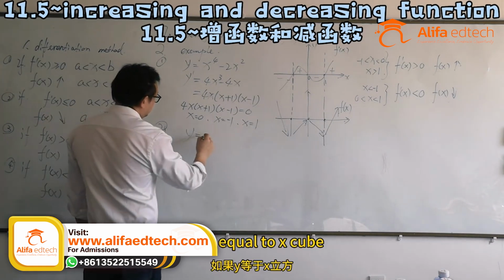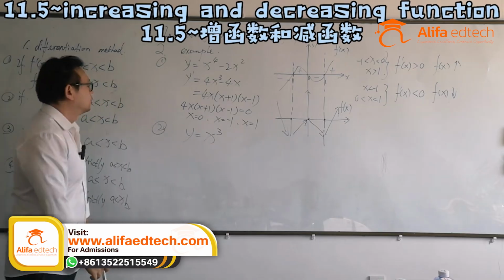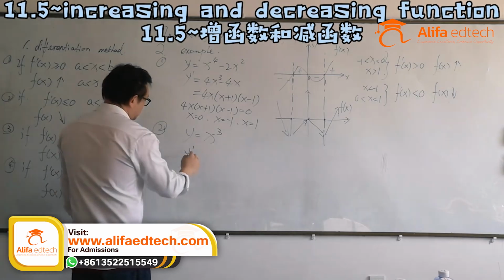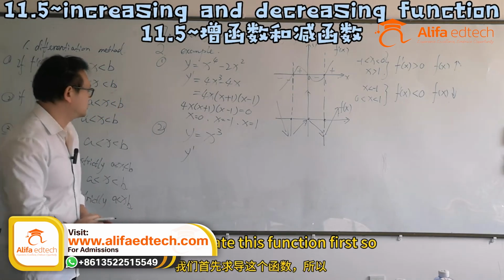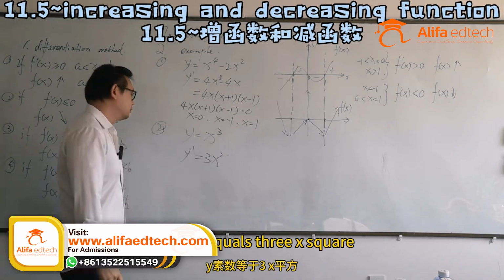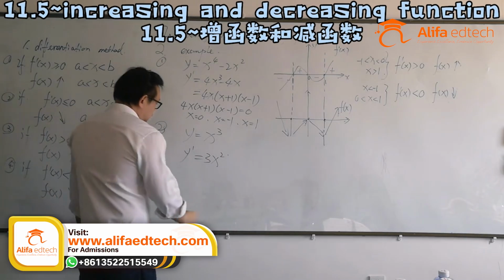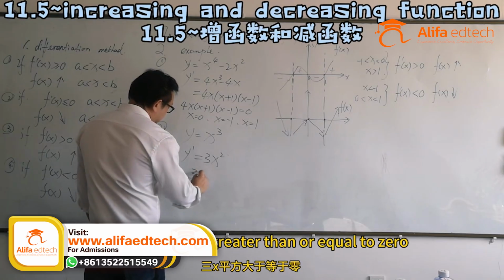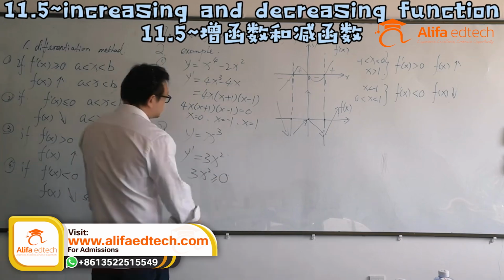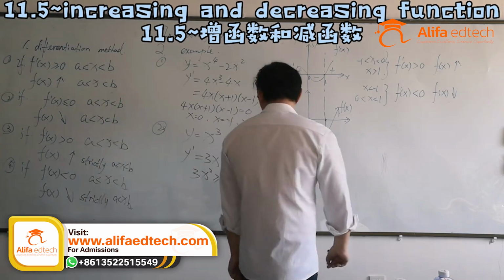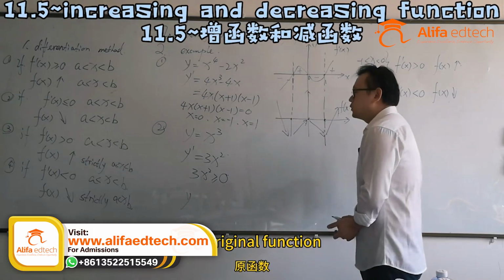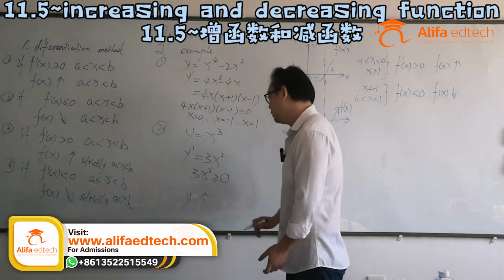2. If y is equal to x cubed, and we want to get the monotonicity of this function, we differentiate this function first. So y prime equals 3x squared. And we know 3x squared is greater than or equal to 0. So the original function is increasing.